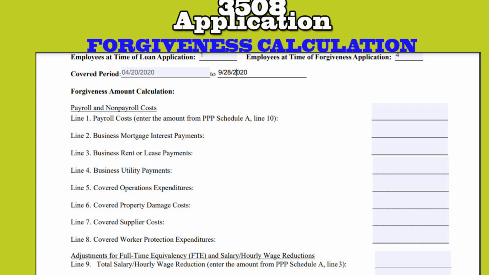Enter from PPP Schedule A, line 10. I do believe that's what it says, right? PPP Schedule A, line 10. That means there's another form that you have to fill out before that. Yes, the PPP Schedule A form needs to be completely filled out before you can even begin this section. So let's truck on over to that part of the form.